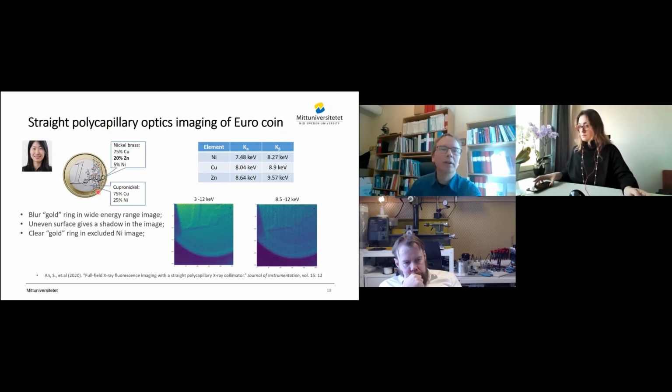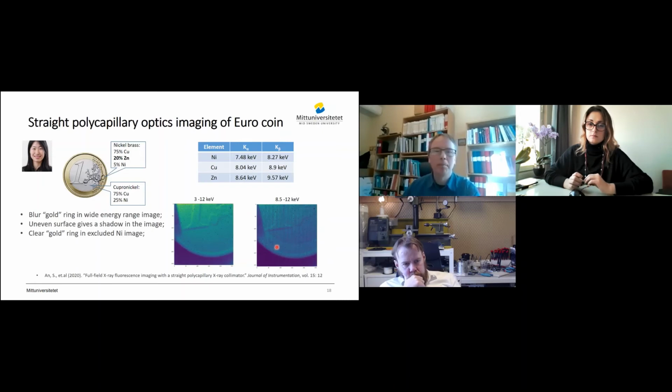There is copper and nickel in the outer layer also, and depending on how we set the energies, we can try to image the ring using the Medipix 3 device.